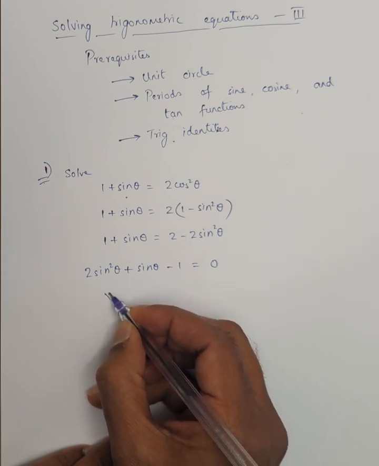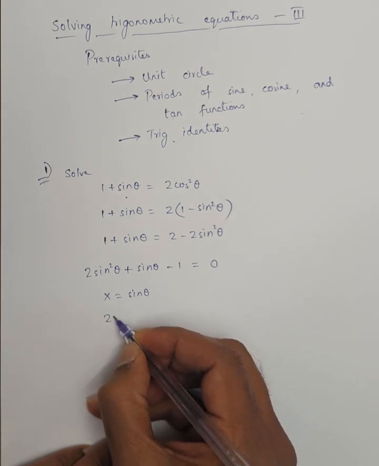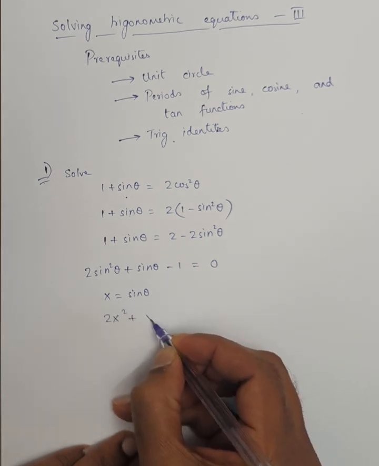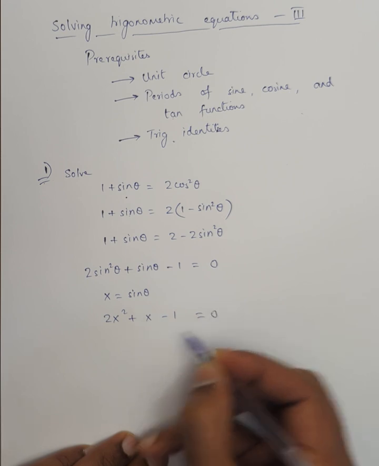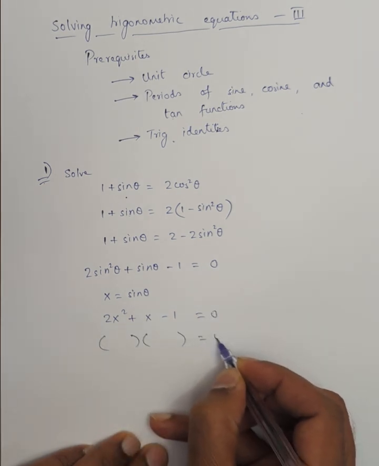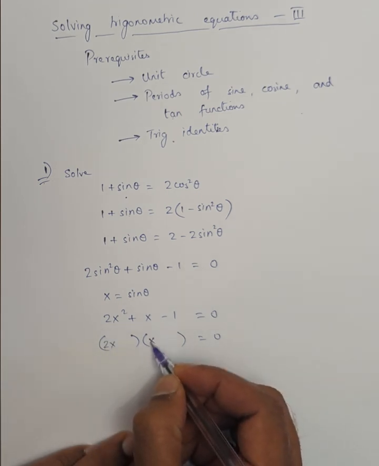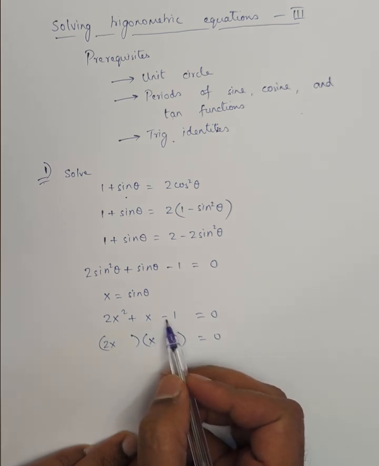We can let x be equal to sine theta. Then we get 2x square plus x minus 1 equal to 0. And we can factor this. The factors are going to be 2x and x to begin with. And then I need a minus 1.